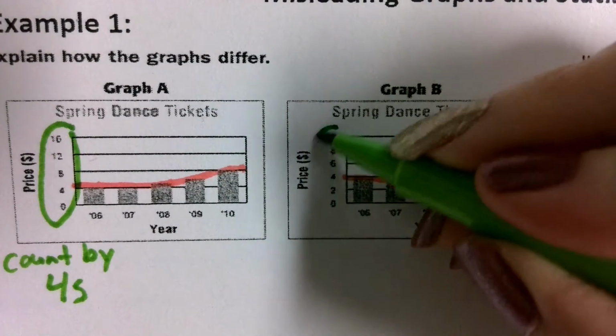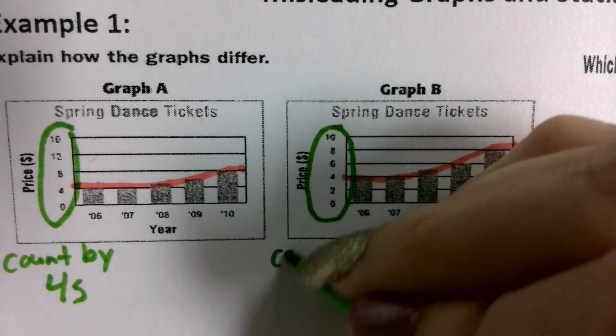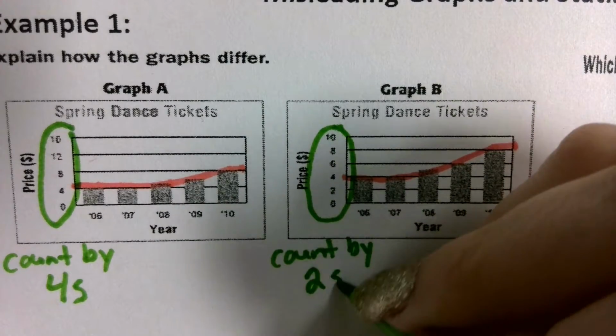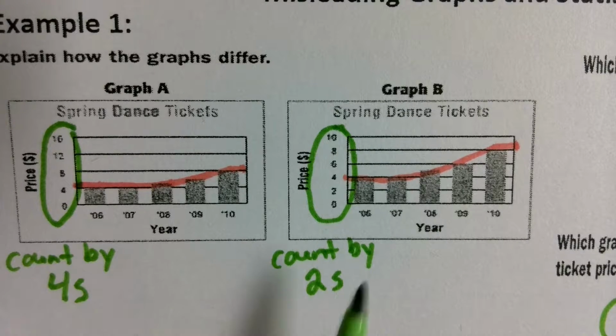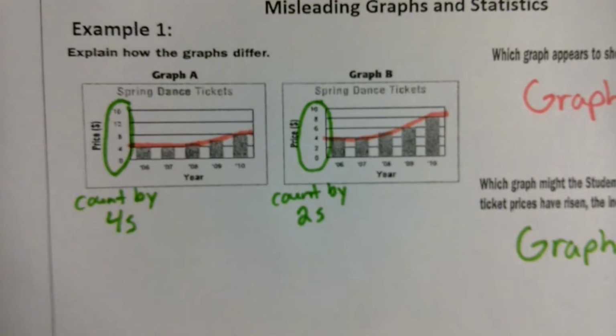And then for graph B, what are we counting by? By twos. So here we're going to count by twos. So graph A is counting by fours, graph B is counting by twos. So that's a problem here.